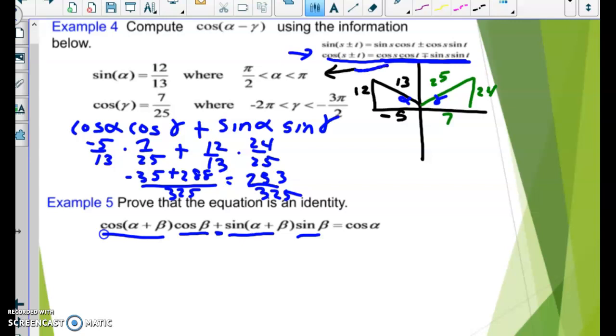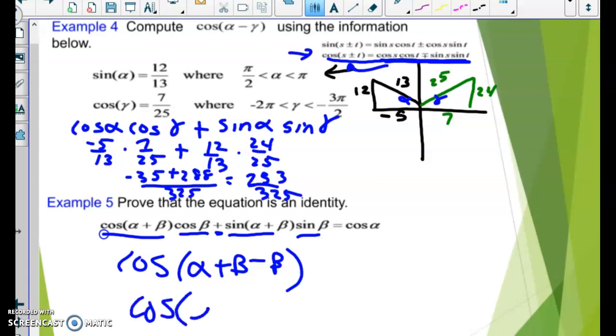If we look at the other side, if I'm going the other way using the formula, that's the same thing as the cosine of the first thing, which is this, and then minus the second one. So I'm going from the right side to the left side, and if I simplify in there, they are the same. So I did simplify.